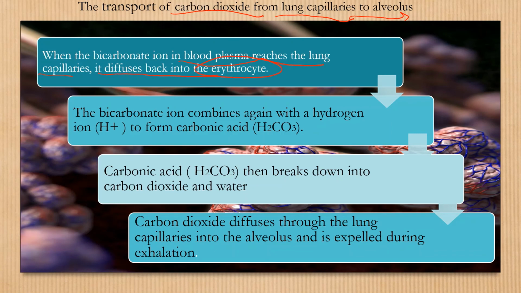Inside the erythrocyte, the bicarbonate ion will combine again with hydrogen ion to form back carbonic acid. Carbonic acid then breaks down into carbon dioxide and water. This carbon dioxide will diffuse through the lung capillaries into the alveolus because of the difference in the partial pressure. Then carbon dioxide is expelled through exhalation.